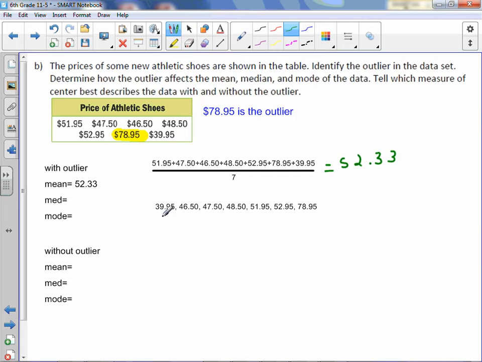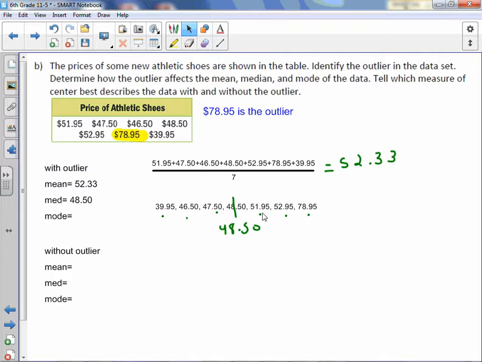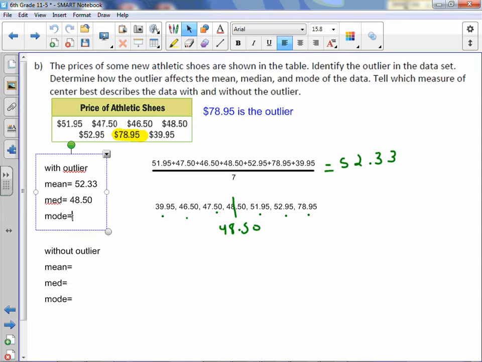Now let's find the middle value, or the median. 48.50 is the median. Now, it doesn't appear to have any numbers that repeat, so there is no mode.